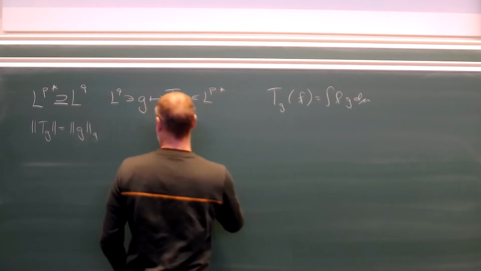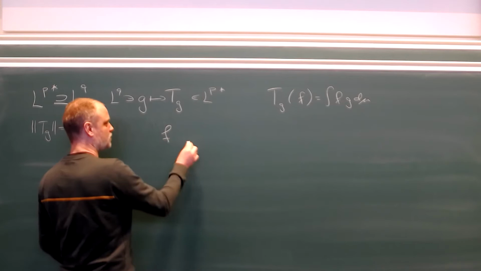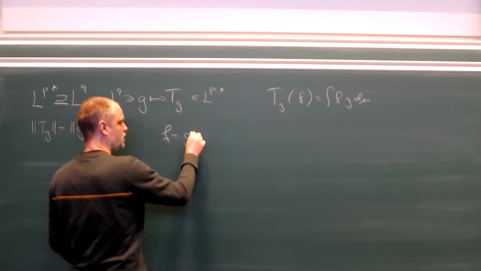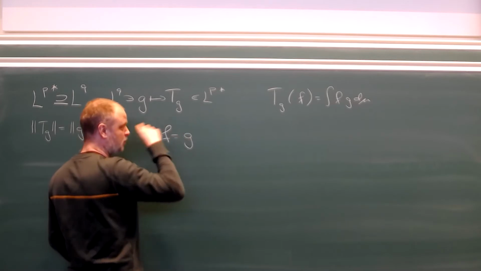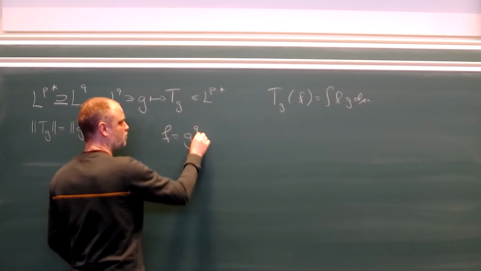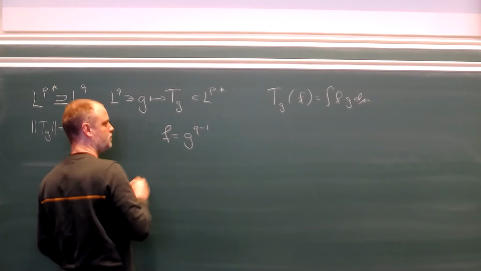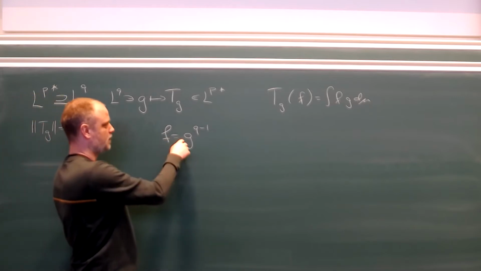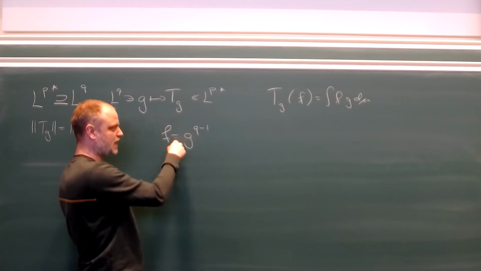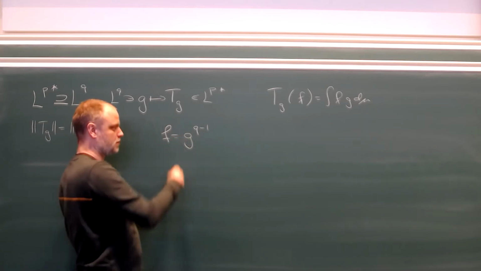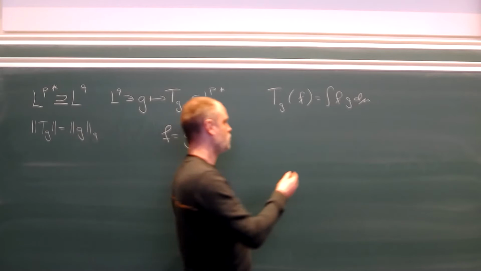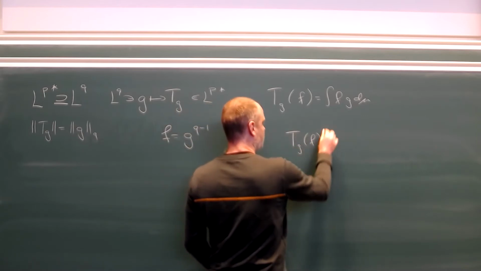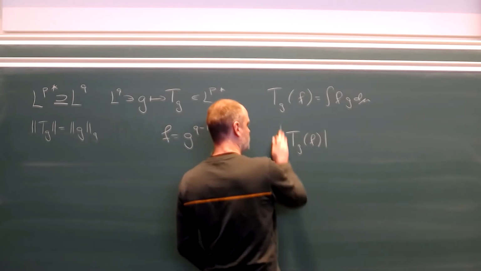And then the key idea was to make this clever choice of taking f equal to g to the power of q minus 1 in the positive case. It turns out that this is in L^p. In the general case, you have to put some sign here, right? So then you engineer it so that when you do T_g of f, the modulus here you won't need.